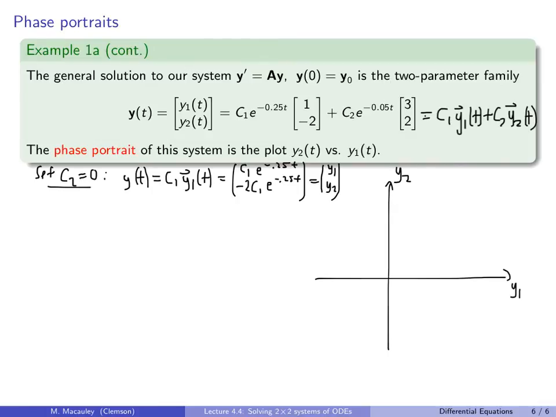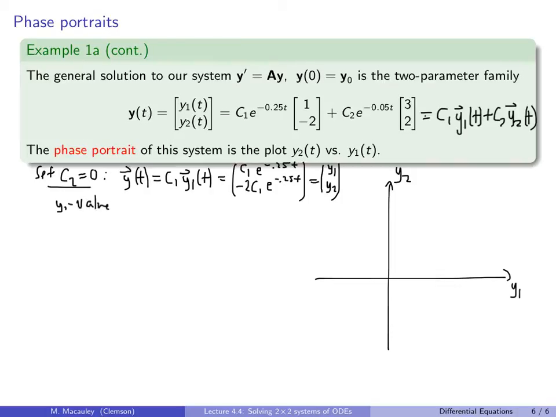Okay, so notice, let's write that down. So the y1 value on this curve. So this is the curve. Oh, let me put a vector on here. So this is the curve that we want to plot, and this curve has a y1 value and a y2 value.